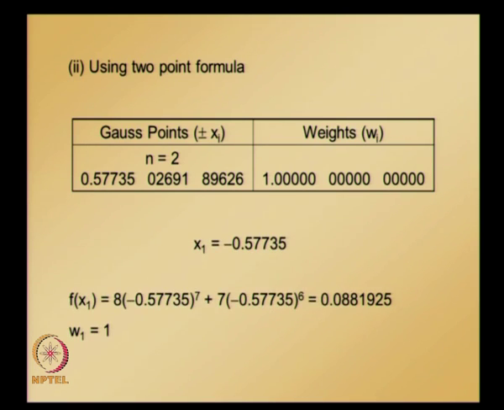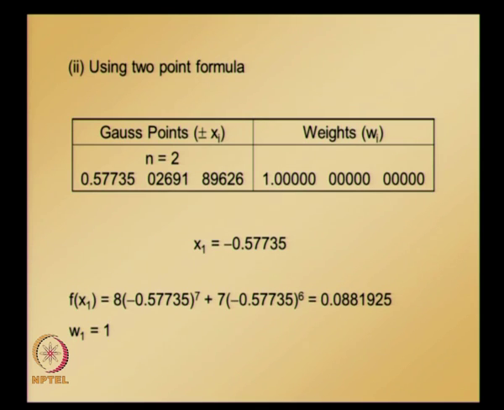So, first integration point, evaluate the integrand, that is 8 times x power 7 plus 7 times x power 6, plugging in x is equal to minus 0.57735, and the corresponding weight 1 is also indicated there.